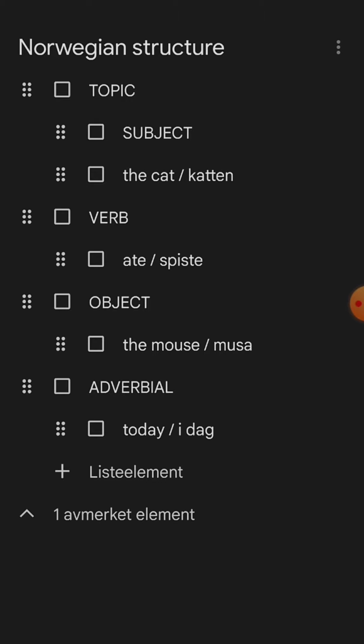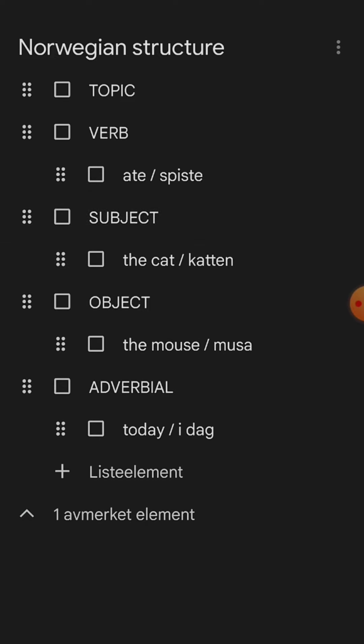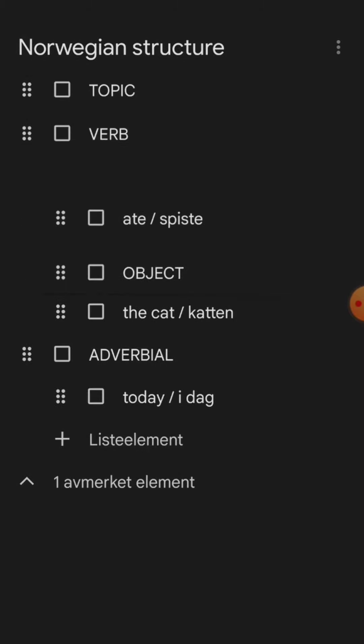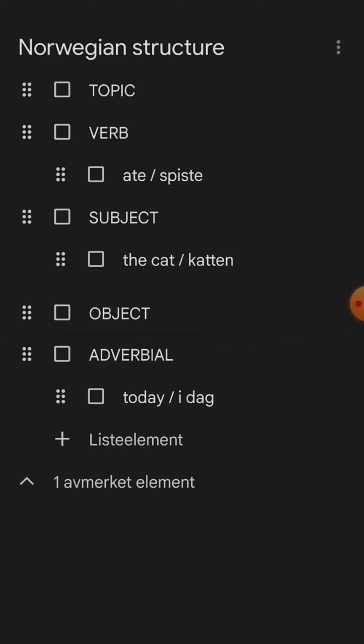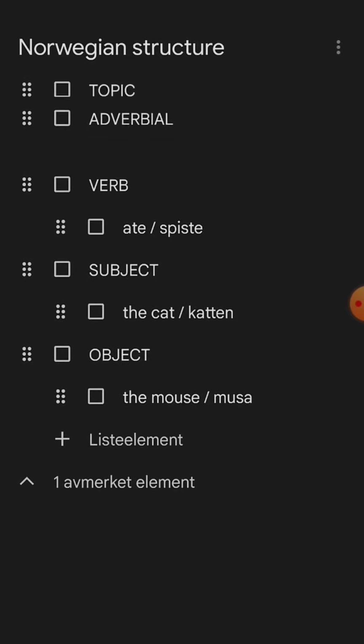So that means also that if we don't want the subject to be the topic, then we just don't do that. We put something else there. Now here's the rub. People often get confused about what happens when we put something other than the subject or the object into the topic slot.